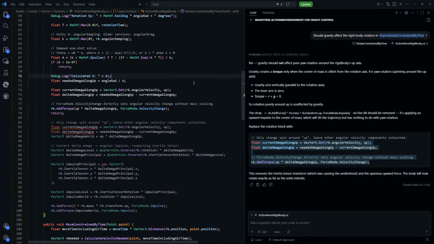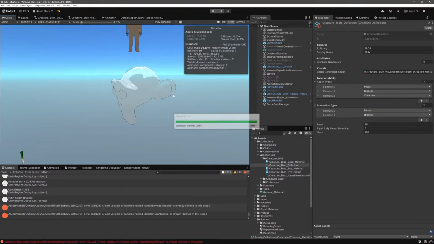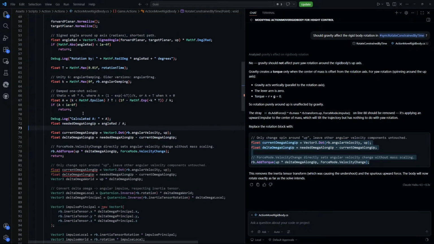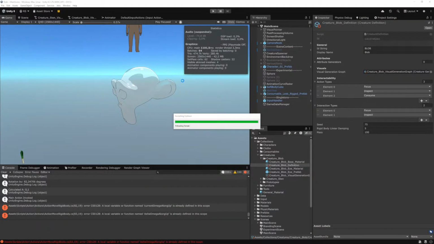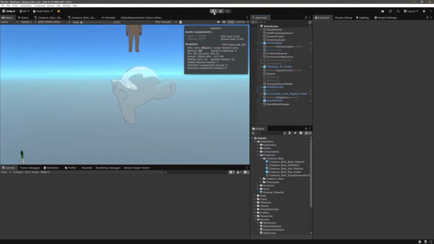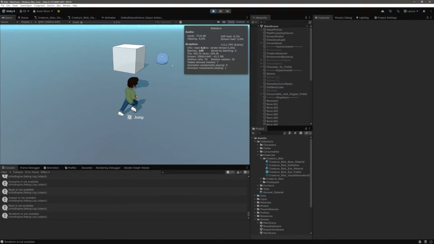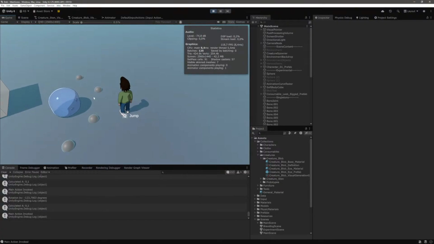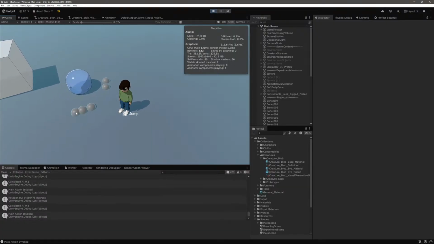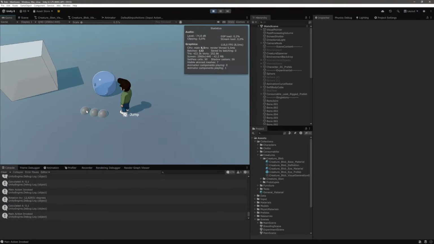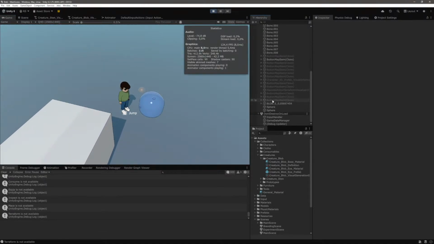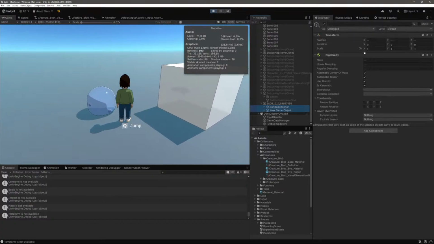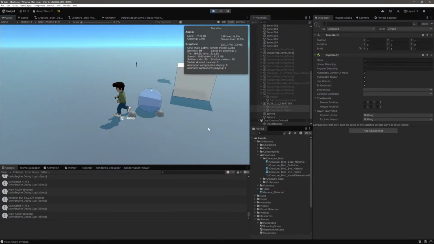Two seconds, however. Oh yeah, then we can't see it.